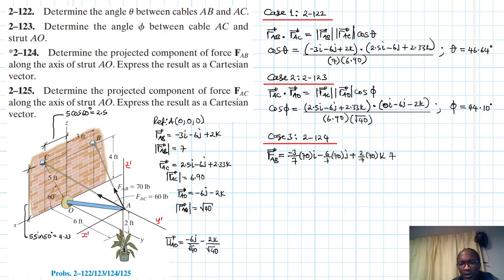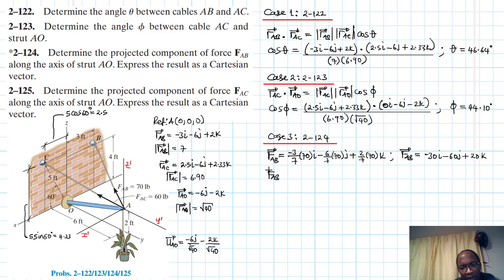Alright, so if we rewrite this, we have the following expression. Just multiply there and there, so this becomes minus 30i, then minus 60j, and then plus 20k. So this is the force vector, and we have the unit vector here. We are just going to dot the two, so that we get the projection along AO.